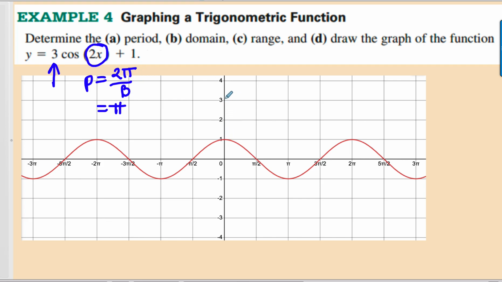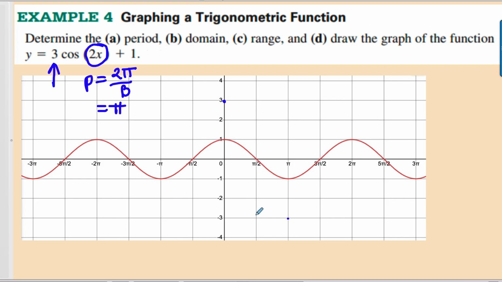Let's just do these two things right here. We're going to stretch all the way to 3. And this is going to be a stretching over here over to negative 3. But what we want to do is we want to be able to do this cosine curve in pi. So instead of going down and up in 2 pi, it's going to go down and up in pi.